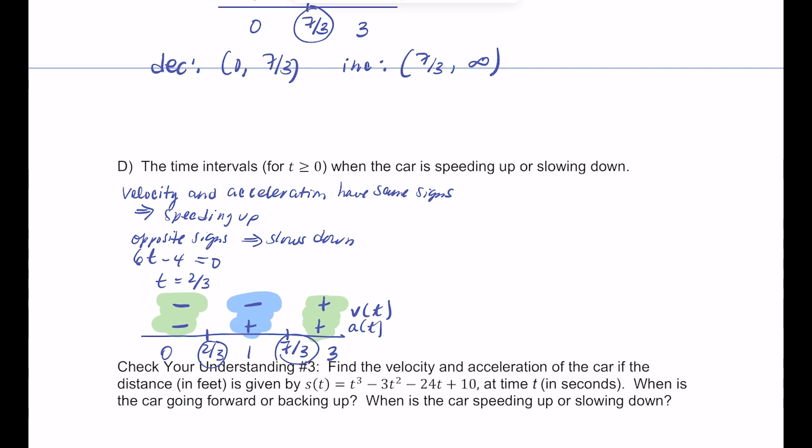Okay, so what does that mean? It means that the car is accelerating as it's backing up. That's for the first 2/3 seconds. Then it's going to slow down to a stop, right? And then at 7/3 seconds, it's going to be put into drive, so forward, and it's going to speed up again.